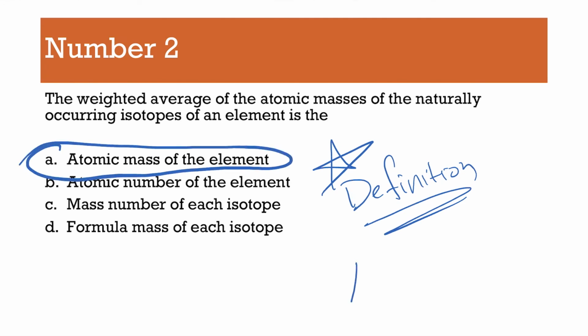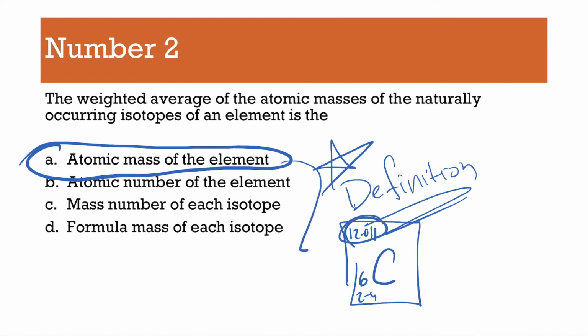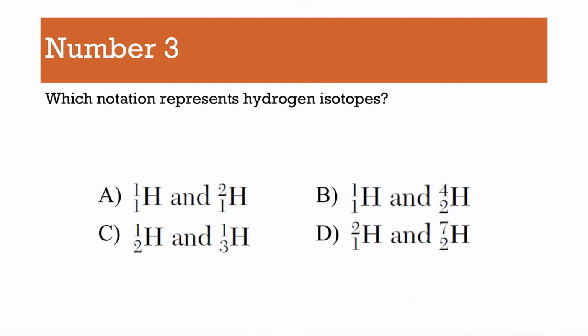So remember, on your periodic table, if we're looking at carbon, it looks like this, 12.011. That is your atomic mass, and that is your weighted average of all the naturally occurring isotopes. Okay. So you might also see it as average atomic mass. Again, same thing.